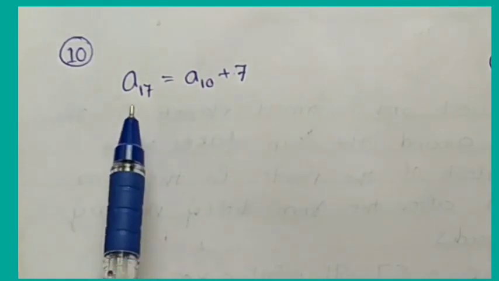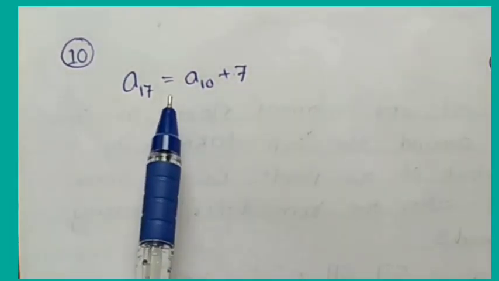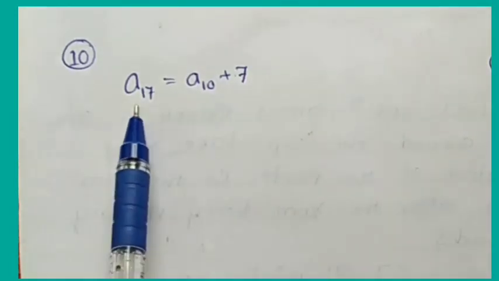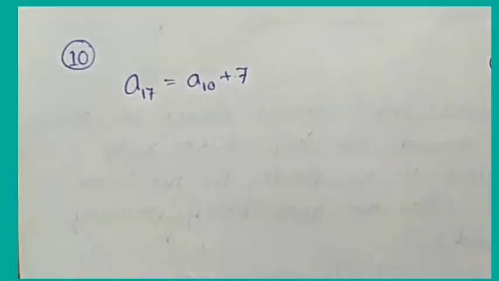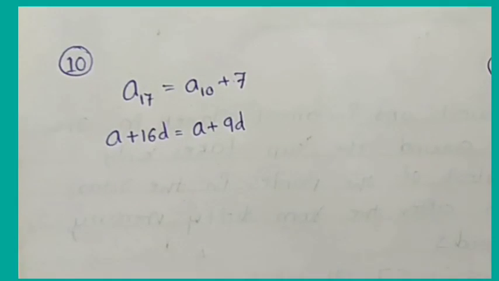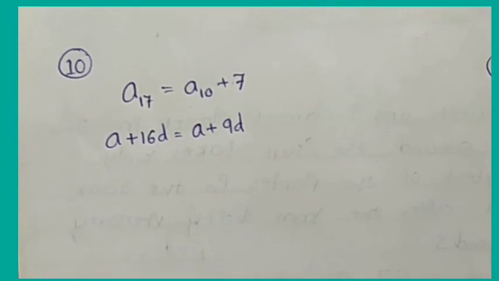According to the question, I write here A17 equal to A10 plus 7. What is A17? It will be a plus 16d. And what is A10? That is a plus 9d. What remains? Plus 7.